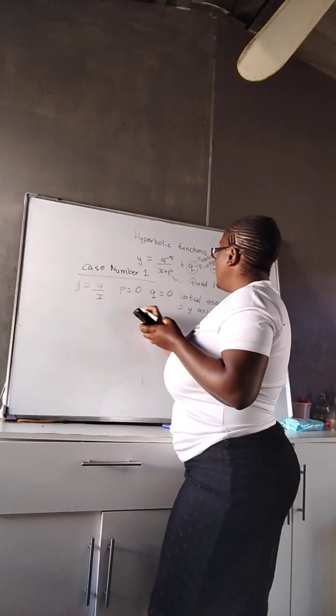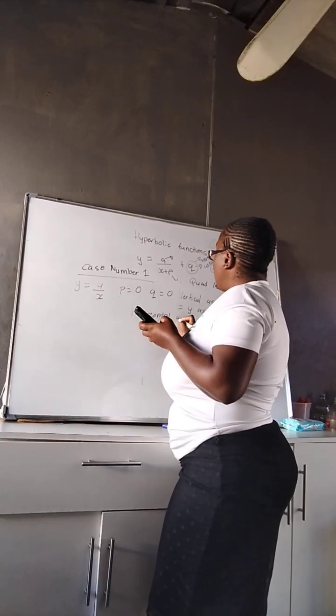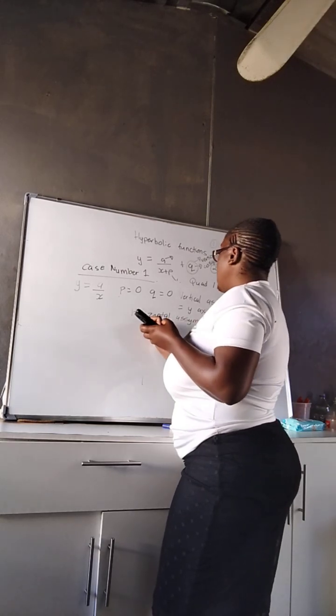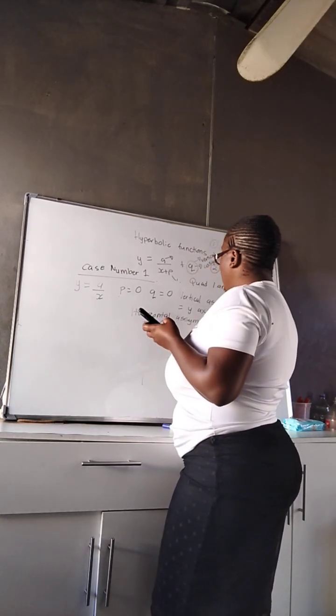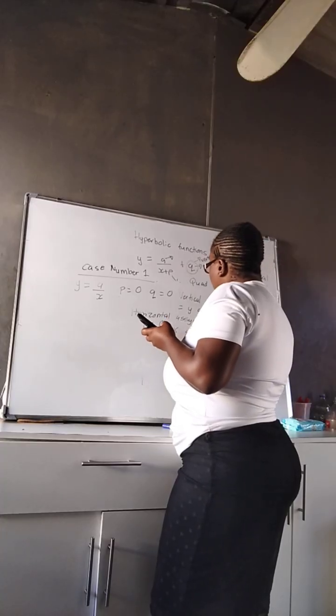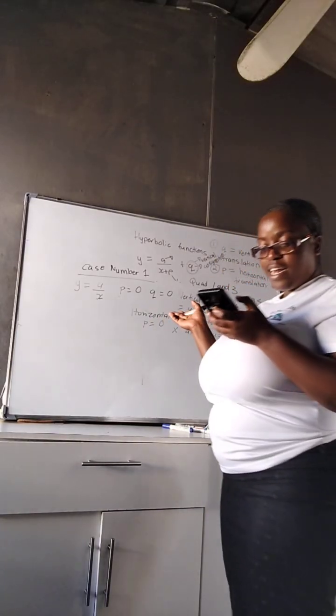Number two, the horizontal asymptote is equal to 0, and the x-axis is the one that is represented, which means that y equals 0, like that.